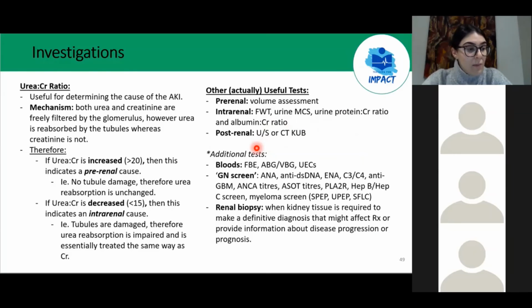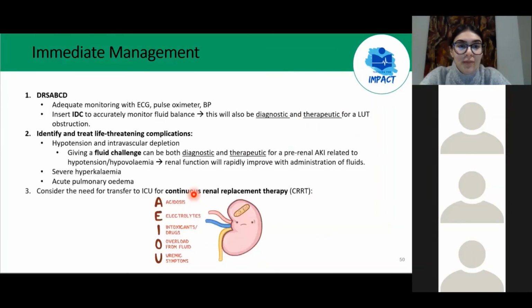And then finally, for our post-renal causes, we want to be doing an ultrasound or a CT kidneys, ureter, bladder in order to rule out any obstruction. Some additional tests are here as well. I've provided the acronyms in the notes, so feel free to look at that in your own time as well.